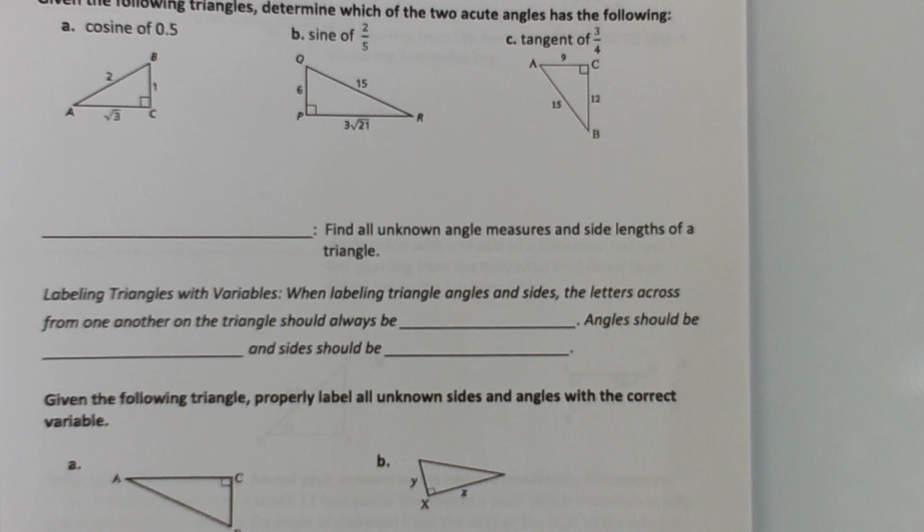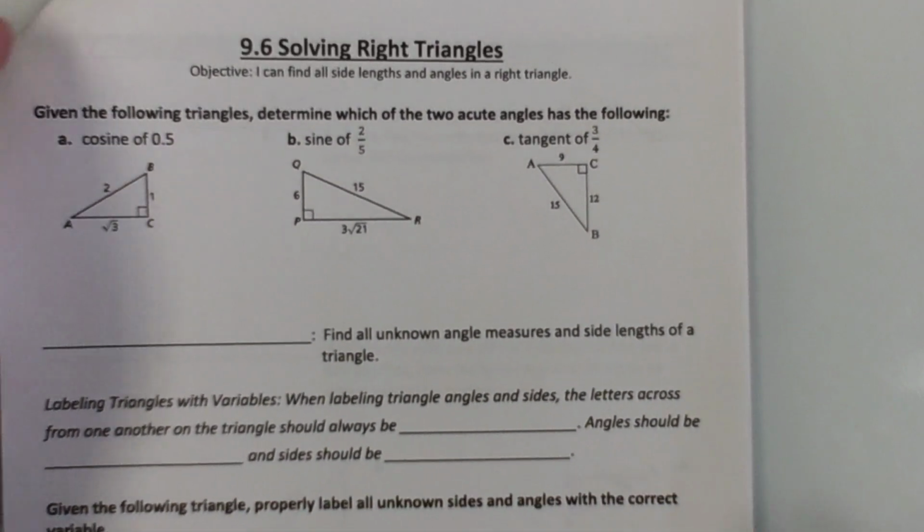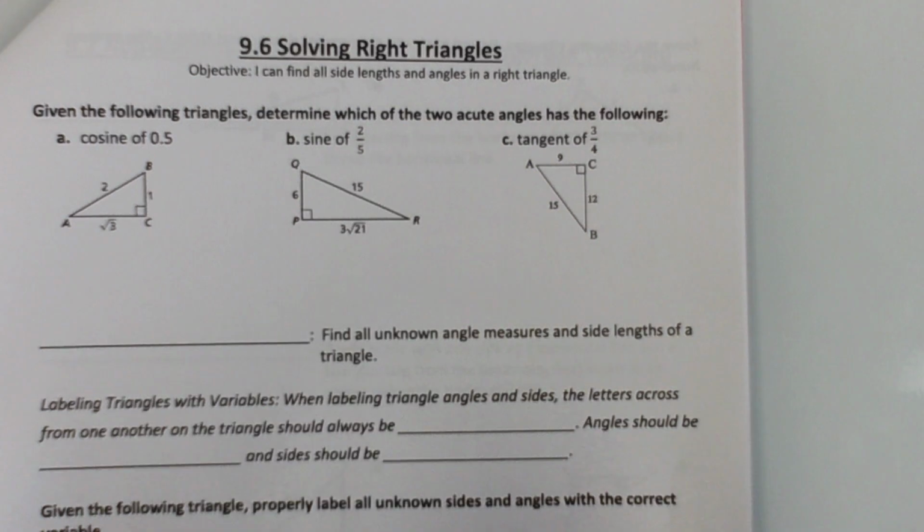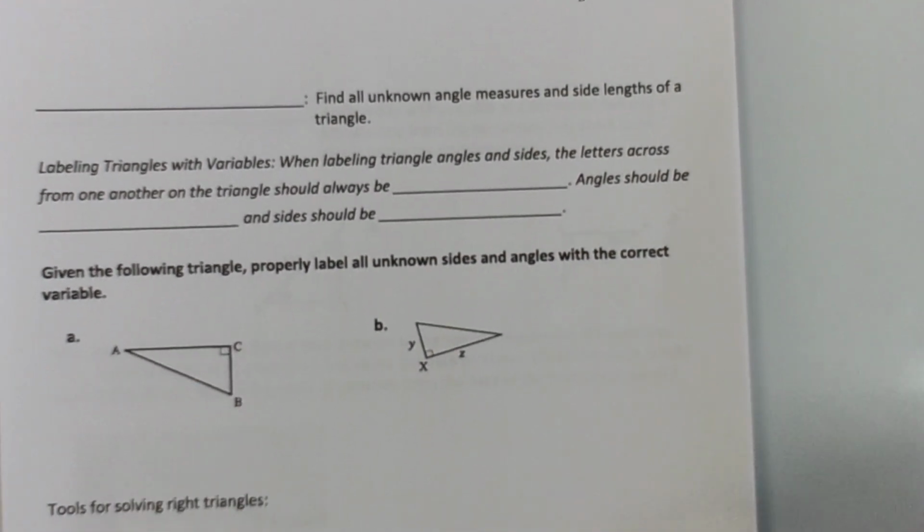So if we're still trying to make a little bit of sense of trig, some of the stuff you're going to see on the quiz, we're going to be reiterating some of those things today. But today we're focusing on something a little more specific with our trig, which is known as solving right triangles. And we're going to skip over this first section. It's not necessary.